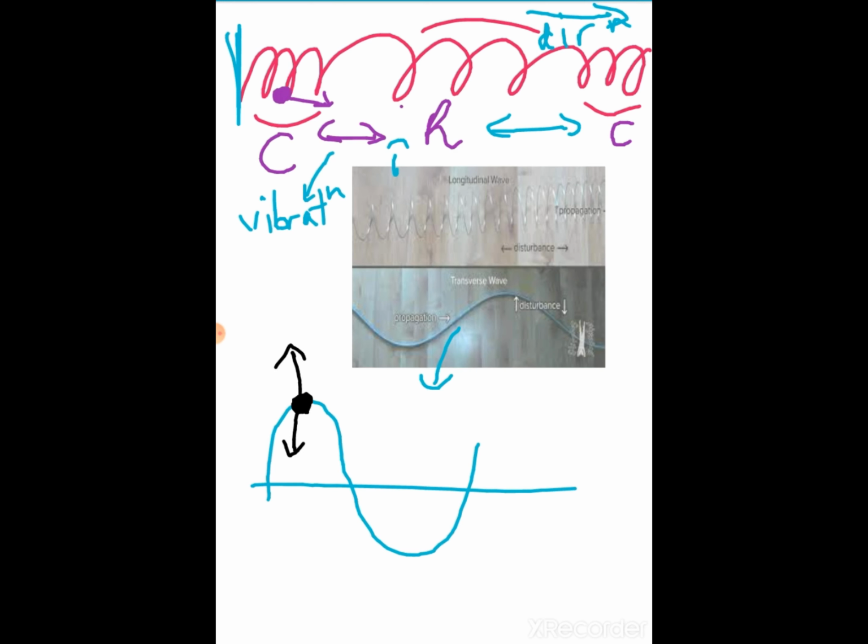With a transverse wave, the particles vibrate vertically, whereas the energy or direction of the wave still occurs horizontally. What does this mean? It means that a transverse wave is one in which the vibration of particles is at right angles or perpendicular to the direction of travel or direction of propagation of a wave.